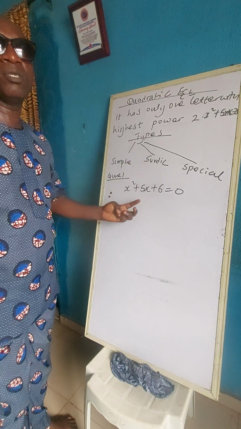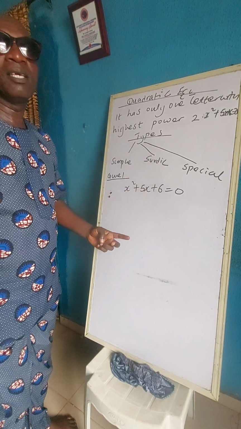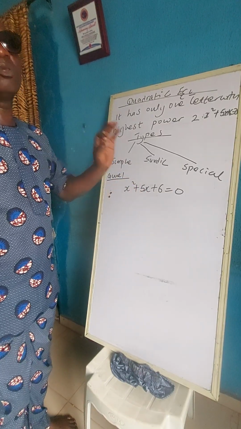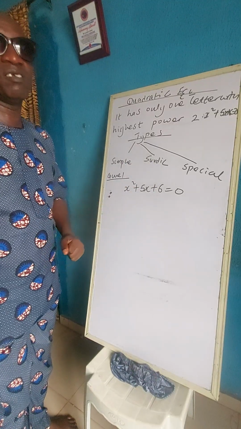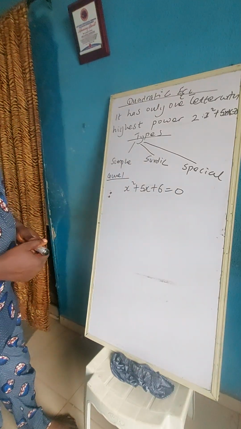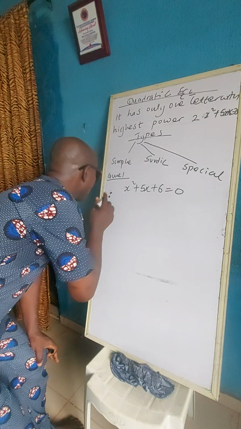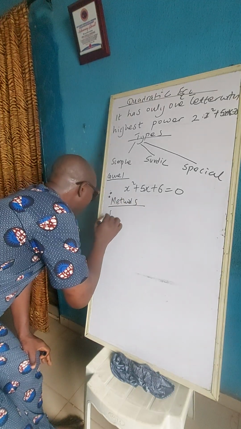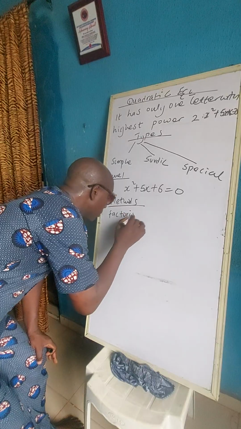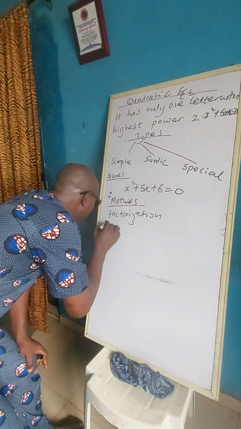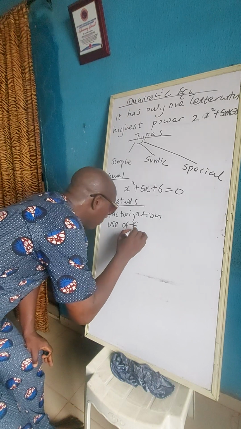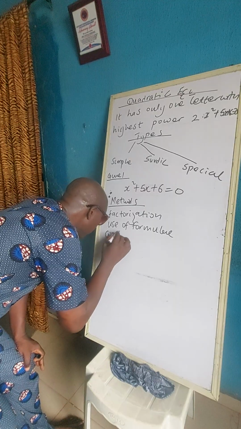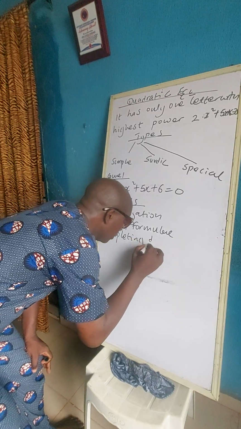We have factorization method, we have use of formula, we have completing the square, and we have graphical method, and we only take note of 3 methods. 1, factorization method. 2, use of formula. 3, completing the square method.